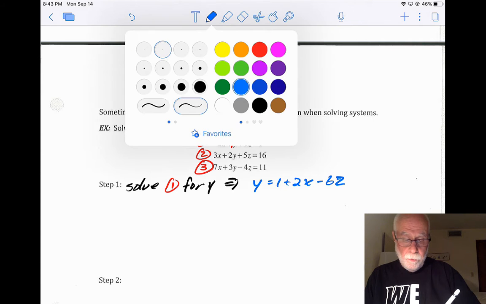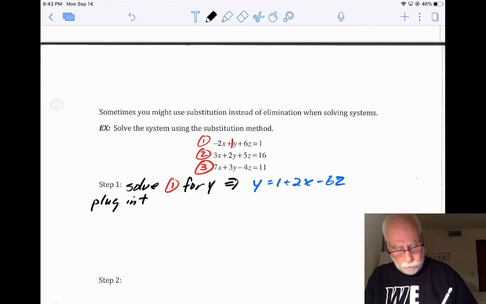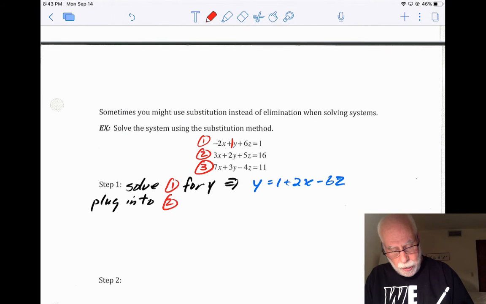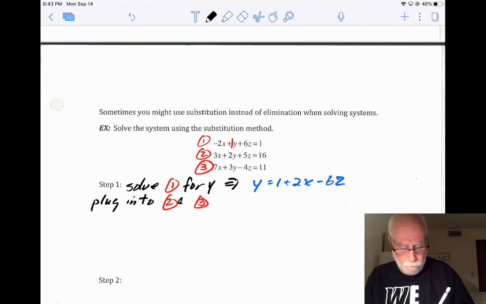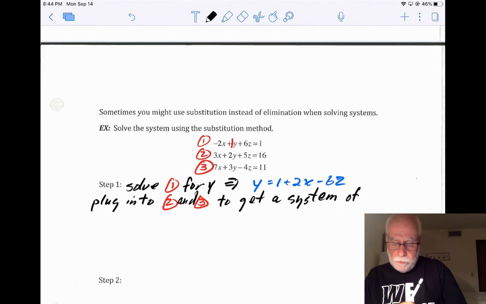So now you're going to plug that into 2 and 3 to get a system of 2 variables.